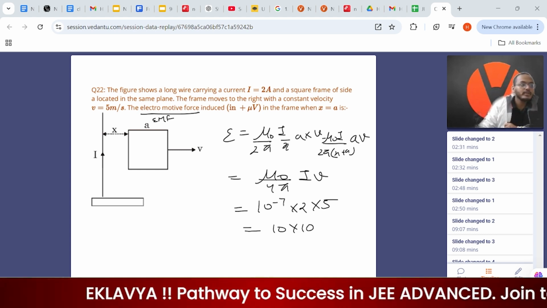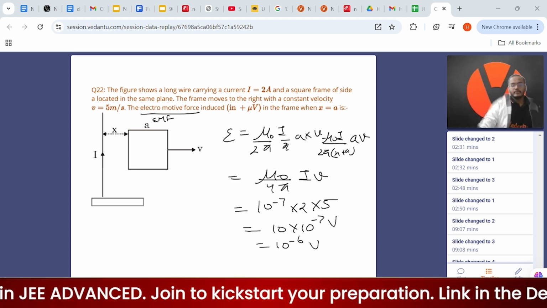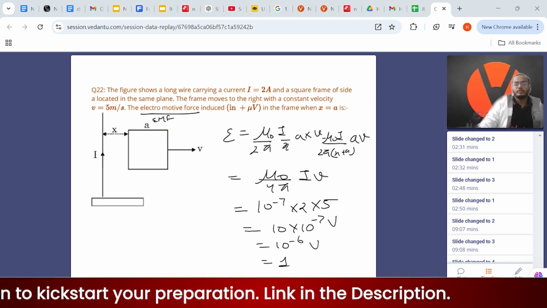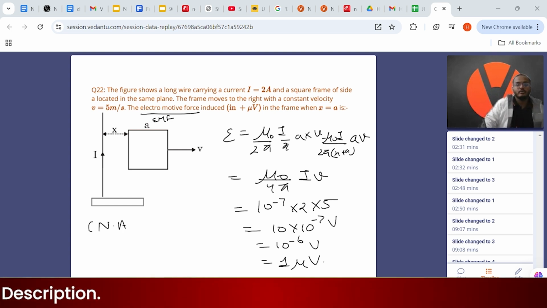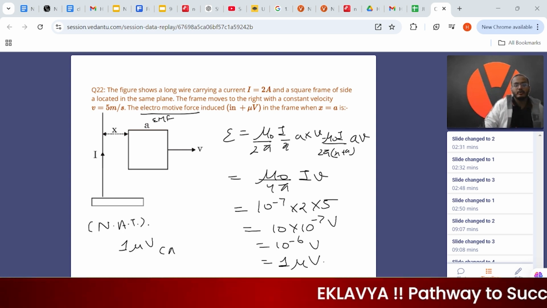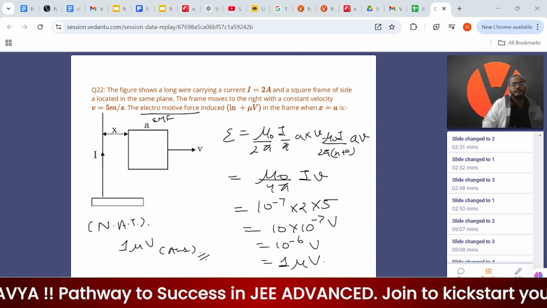So it will be equal to 10 into 10 raised to the power minus 7 volts, that is equal to 10 raised to the power minus 6 volts. So it is equal to 1 microvolt. This is also a numerical answer type. So 1 microvolt is actually your answer.